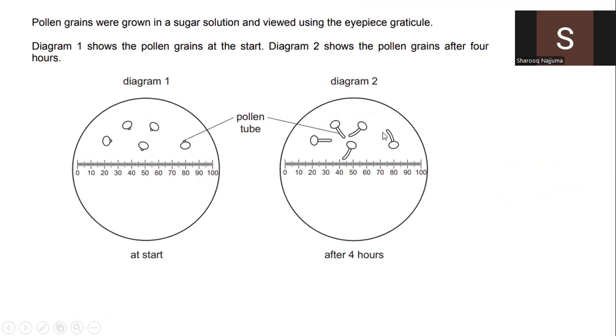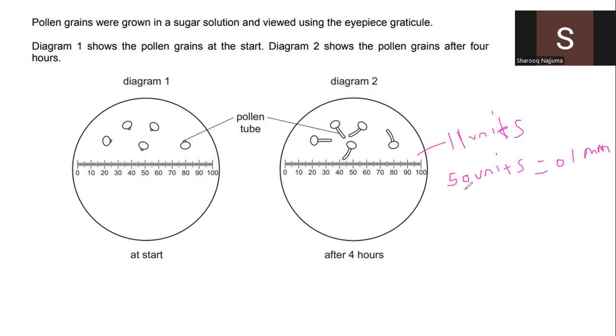I've seen that the pollen tube is equivalent to 11 units. And from the other side, we have seen that 50 units were equivalent to 0.1 millimeters.